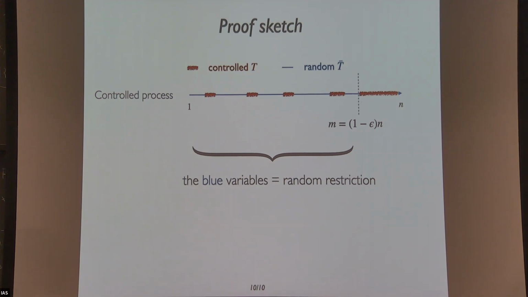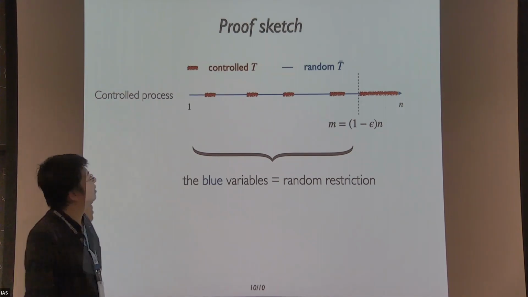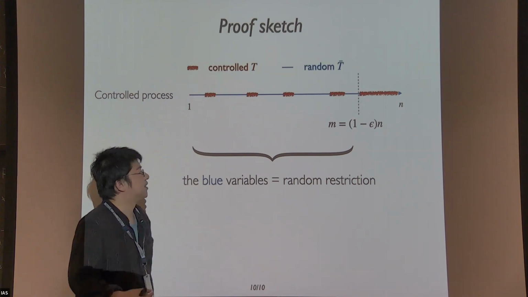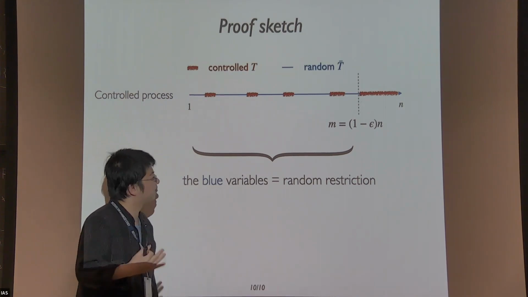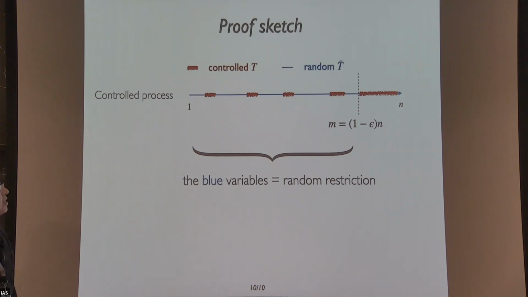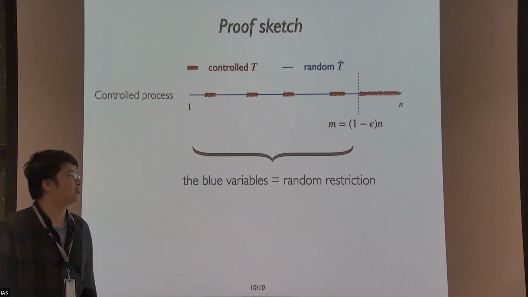Analogously, we can show that the player can also obtain a sample of the pre-image of 0 for the restricted function. All in all, after restriction, the player can get both 0 and 1 from the restricted function, which is just saying that the function is non-constant. And the fact that the player can not only obtain one sample, but can actually obtain a uniform sample, helps us to analyze the variance of the restricted function.